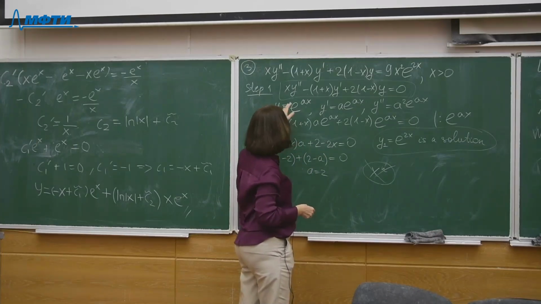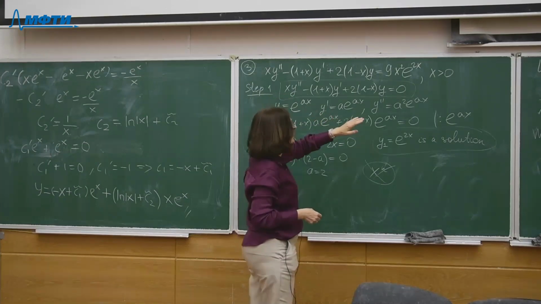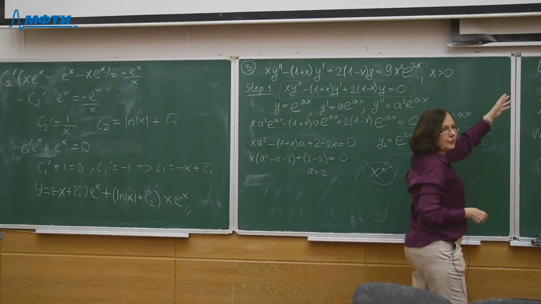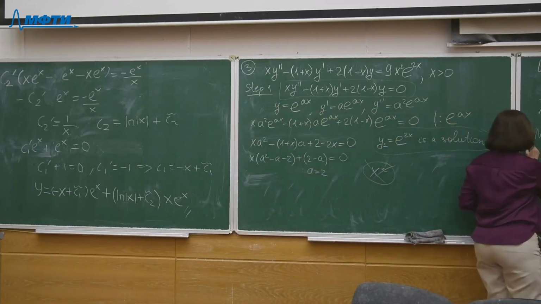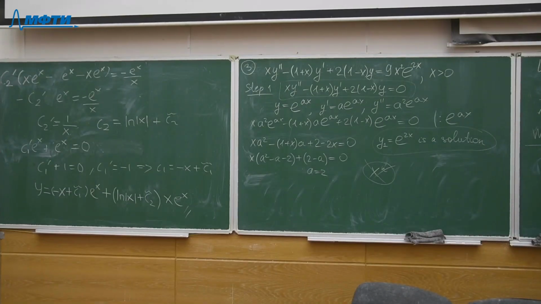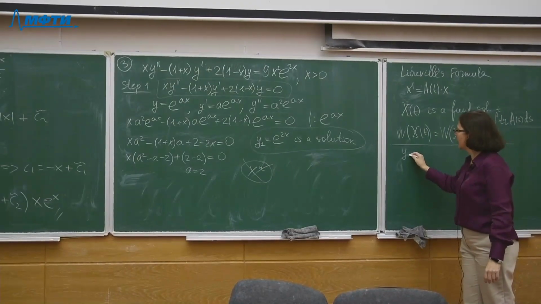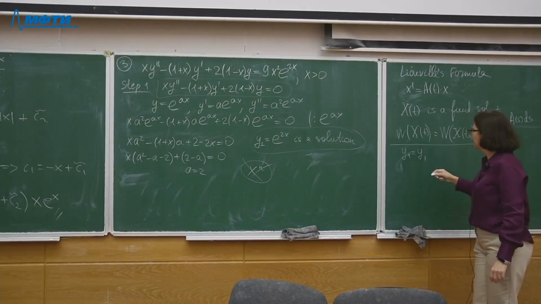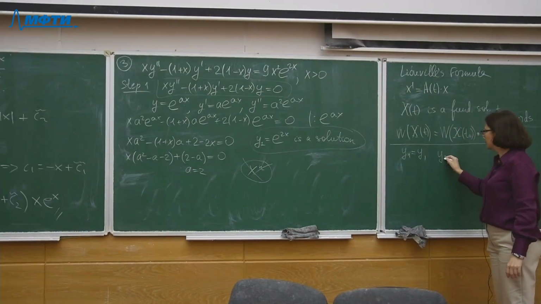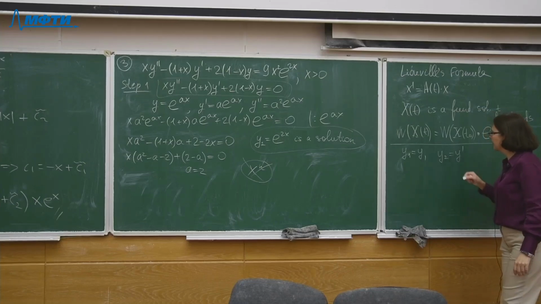rewrite this equation in the vector form. So in our case, we will introduce new variables. It will be y1, which is equal to y, and y2, which is equal to y prime.